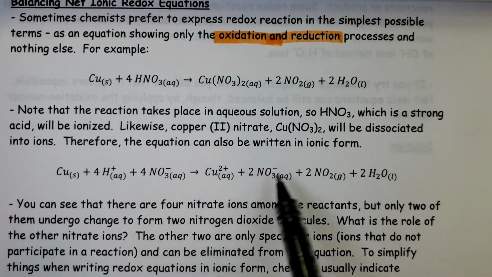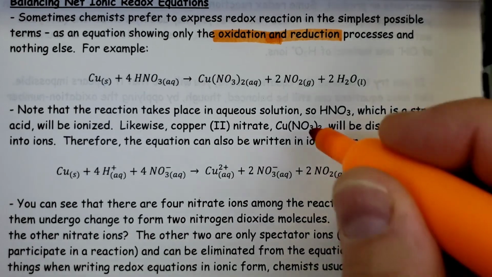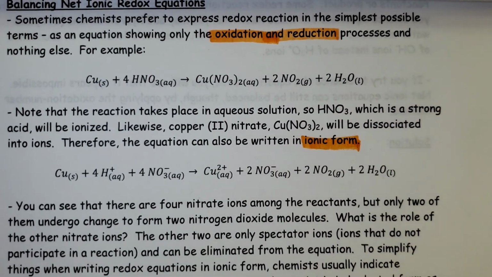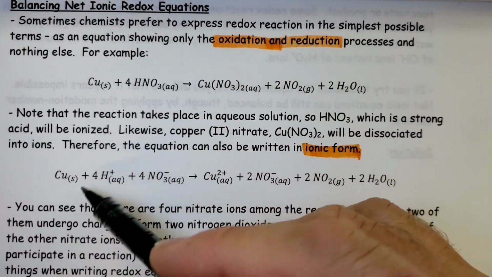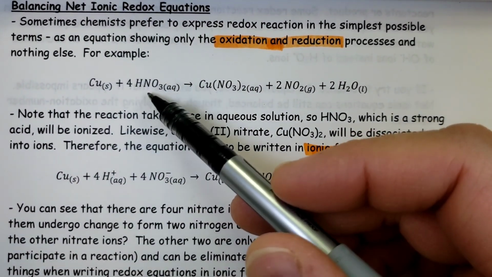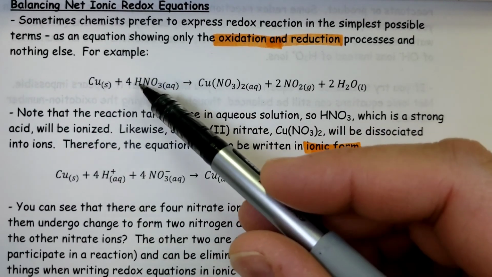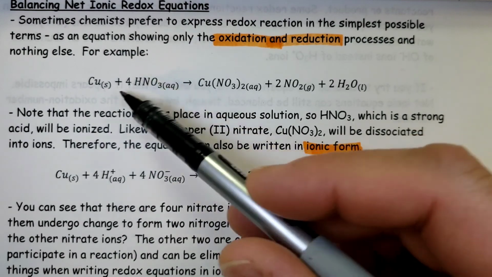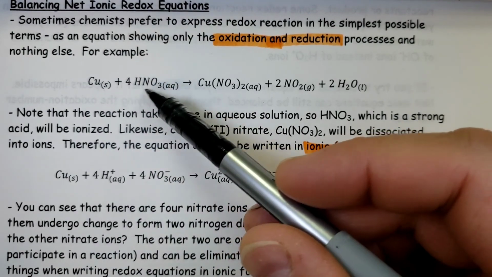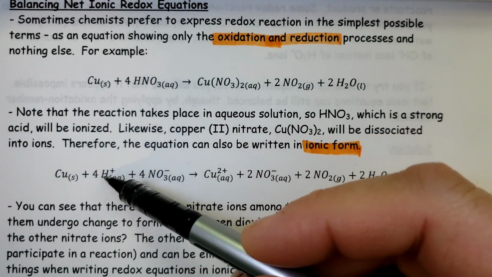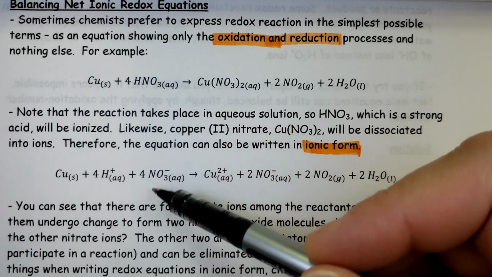Therefore, we could write the equation in what is referred to as ionic form, showing everything that's aqueous in terms of ions. So solid copper just stays a solid copper. Nitric acid, though, since it's a strong acid, it exists as hydrogen ions and nitrate ions floating around. And since we have 4 nitric acid molecules here, we'll have 4 H's floating around and 4 nitrates.